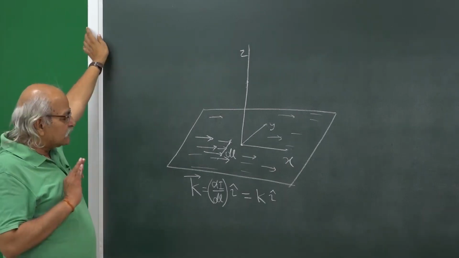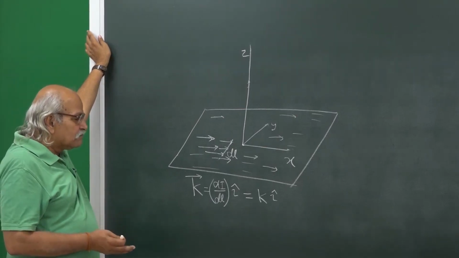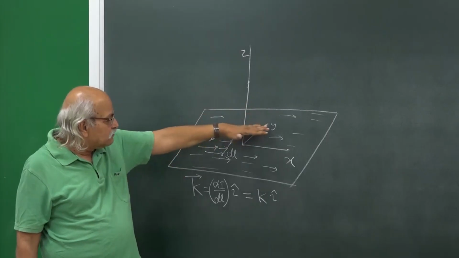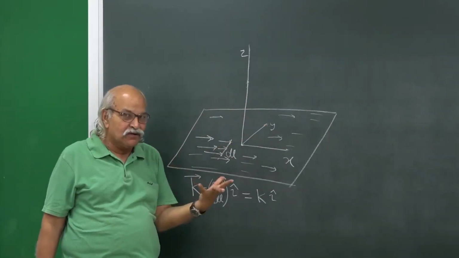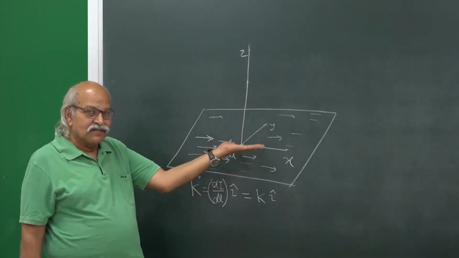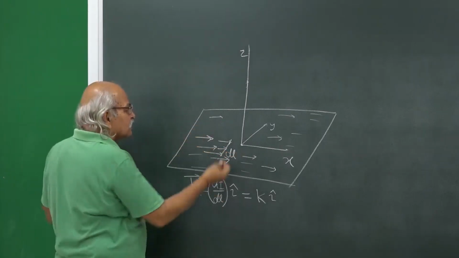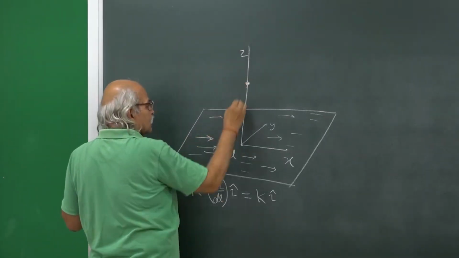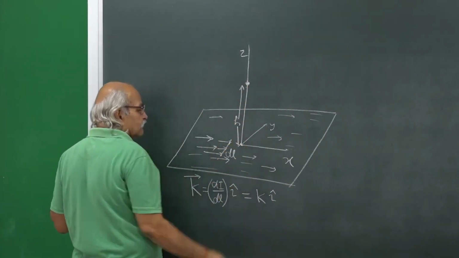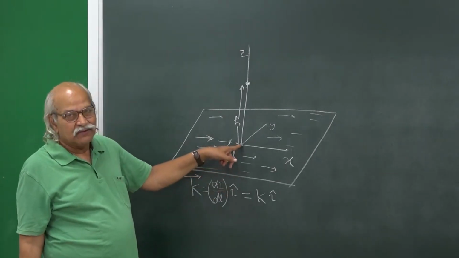So, this is our current distribution, and then we need the magnetic field at a point above this plane. Remember, I am using the word above because my board is vertical, my xy plane is horizontal, and therefore I am talking of a point above this plane. Let us say somewhere here at a distance h from the plane, and any point I can take as origin.